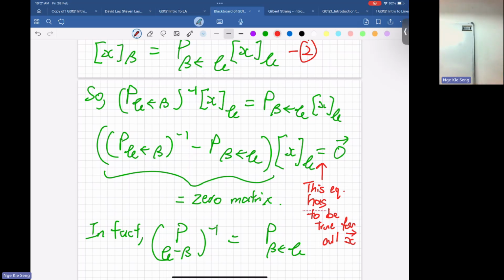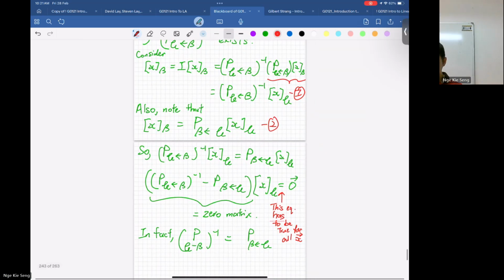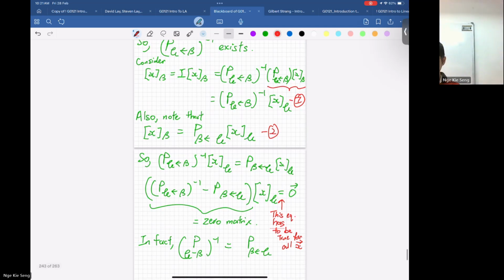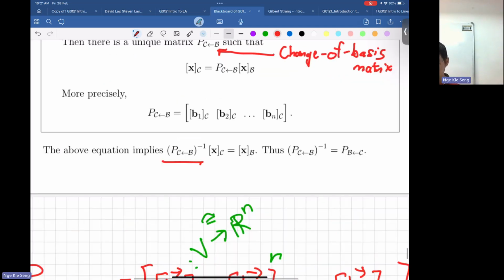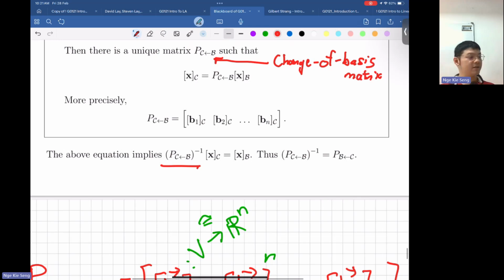The only way is to multiply by the 0 matrix, so they have to be equal. So this is the part to explain the inverse: the inverse of a change of basis matrix is just swapping the arrow. Very intuitive. If you want to go back, just swap the arrows.